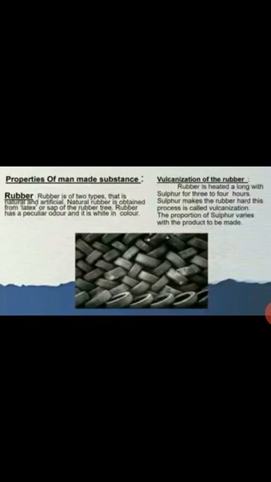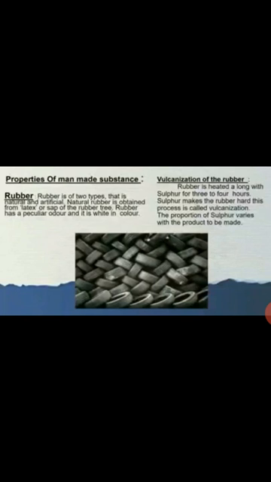And we also learned about the production of substances, that is rubber. We saw rubber is of two types, natural and artificial. And we also saw the process of vulcanization of rubber, how it's made.